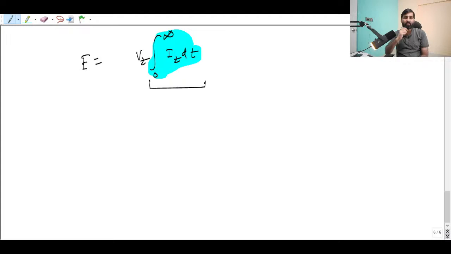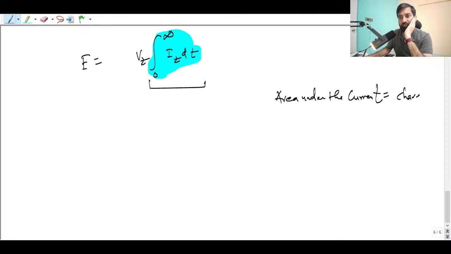This is nothing but your charge. How is current related to charge? The area under the current is equal to charge.